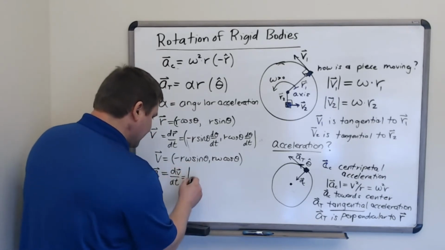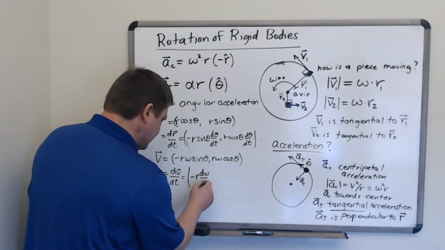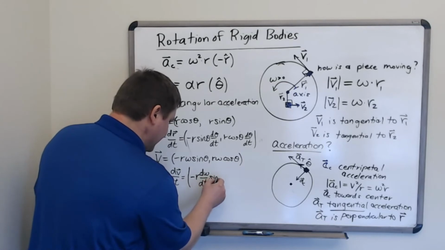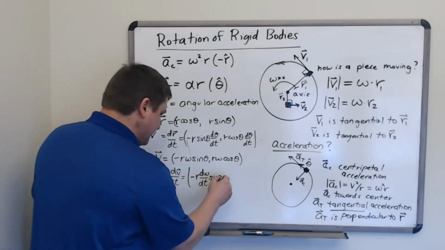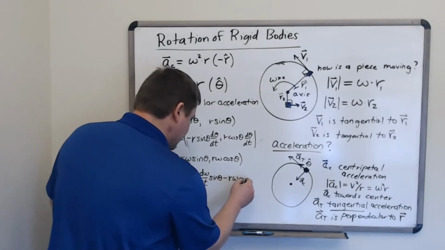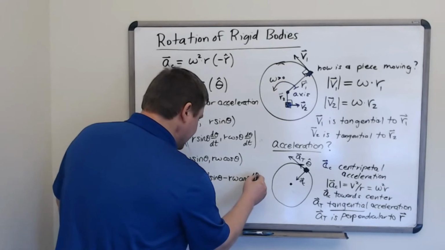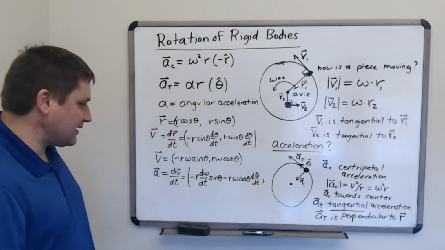So the first term is going to be minus r d omega dt times sine of theta for the product rule on x. And then for the second term, we will have minus r omega cosine theta d theta dt. So those are the two x component contributions.